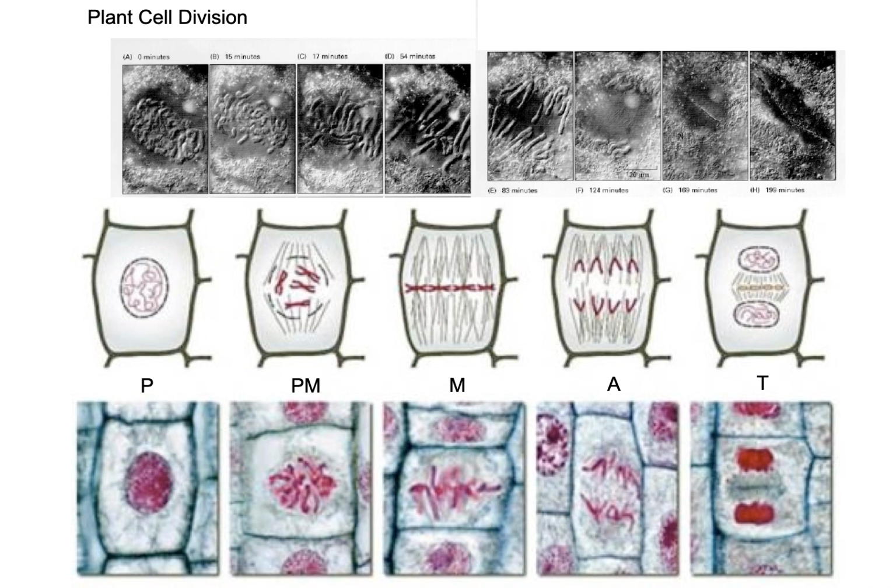So there are polar microtubules and then the kinetochore microtubules. And then for cytokinesis, a new set of microtubules forms near the metaphase plate, that is the middle of the cell.